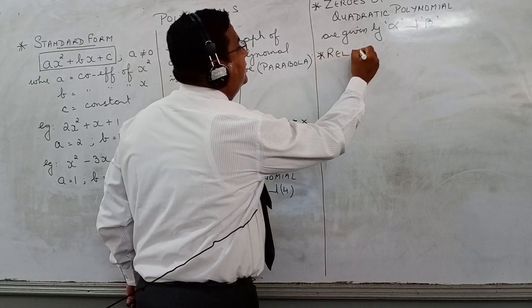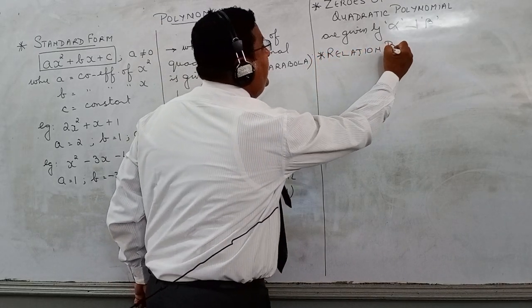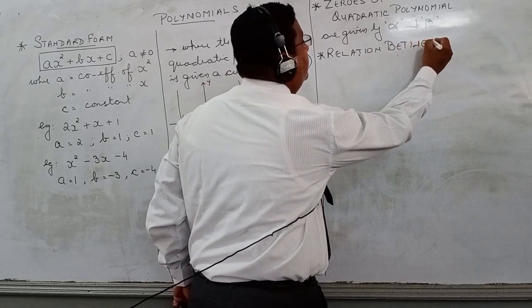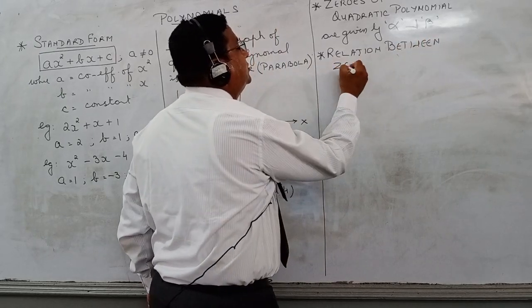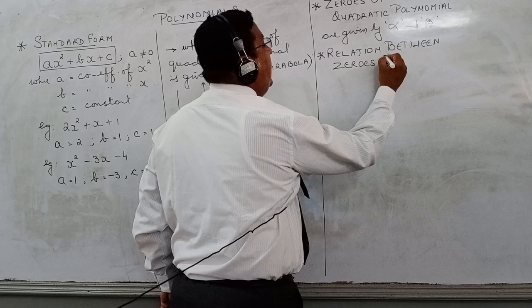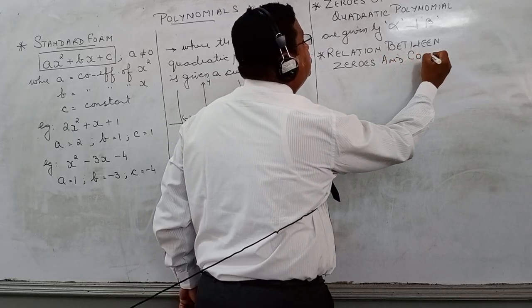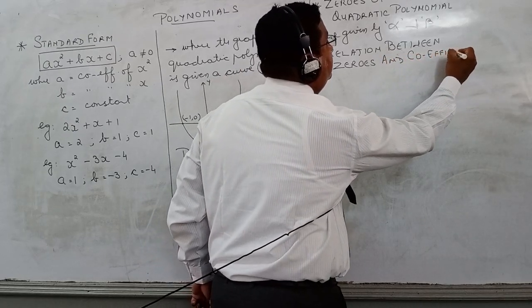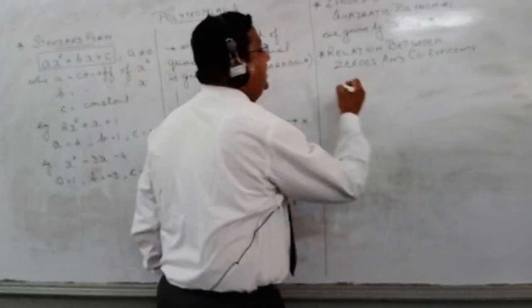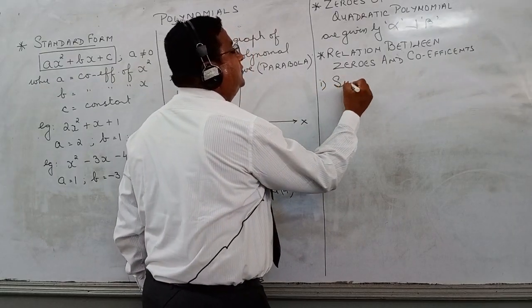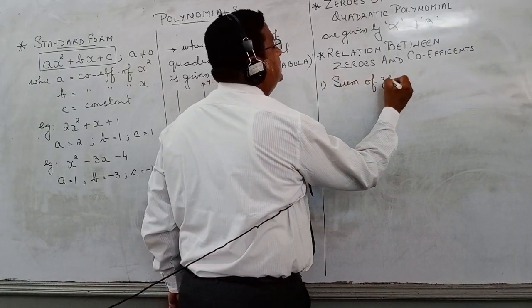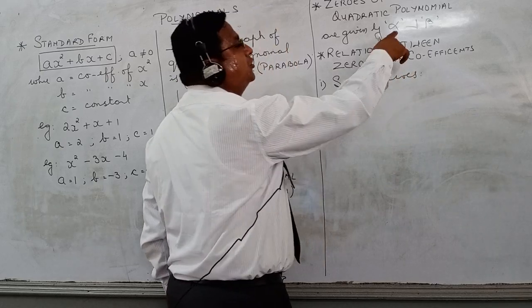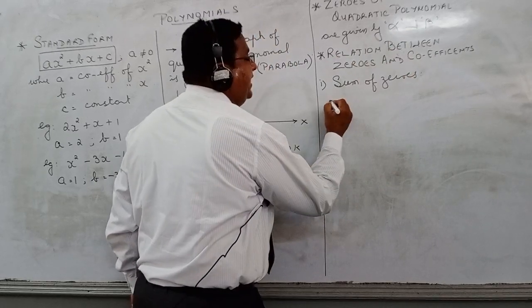Relation between zeros and coefficients. What is the relation? First, sum of zeros. Sum of zeros means when we add these two.